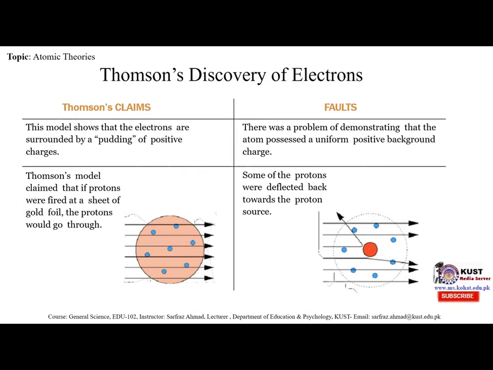Thomson's model claimed that if protons were fired at a sheet of gold foil, they would go through. Its faults were that there was a problem of demonstrating that the atom possessed a uniform positive background charge, and some of the protons were deflected back toward the proton source.